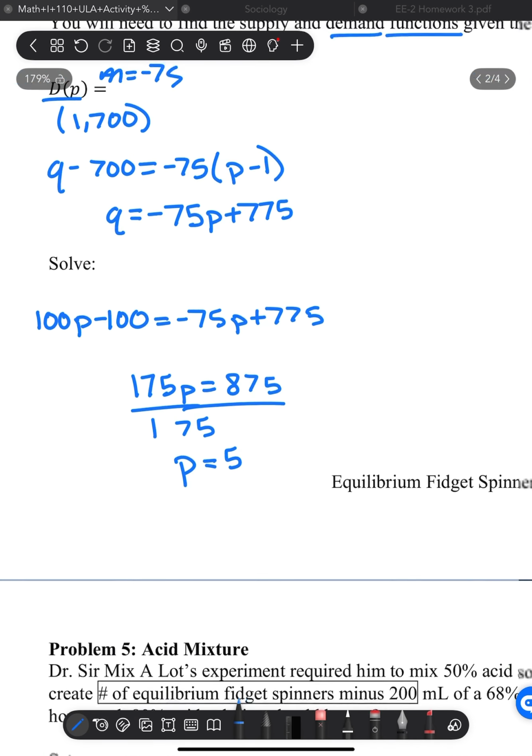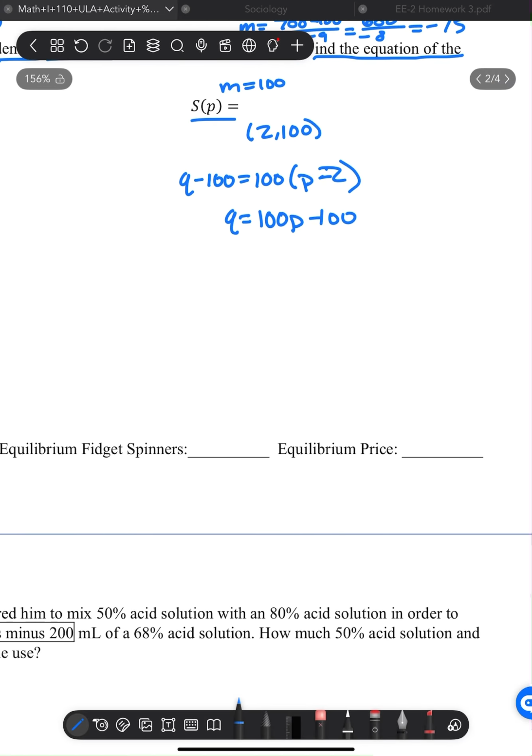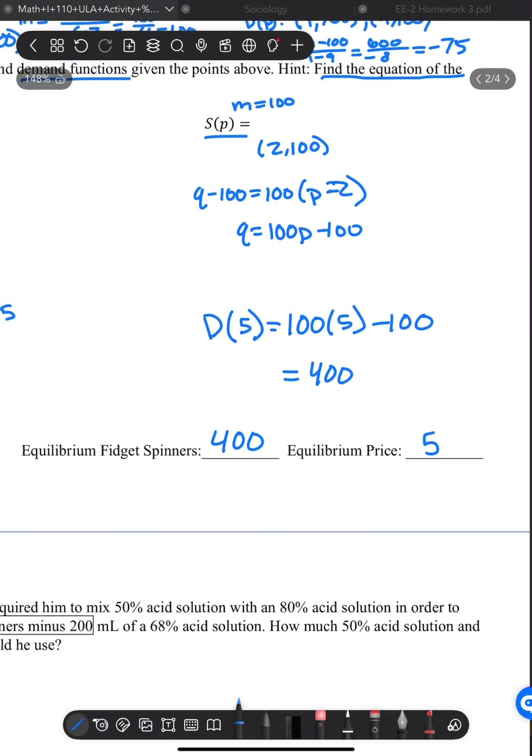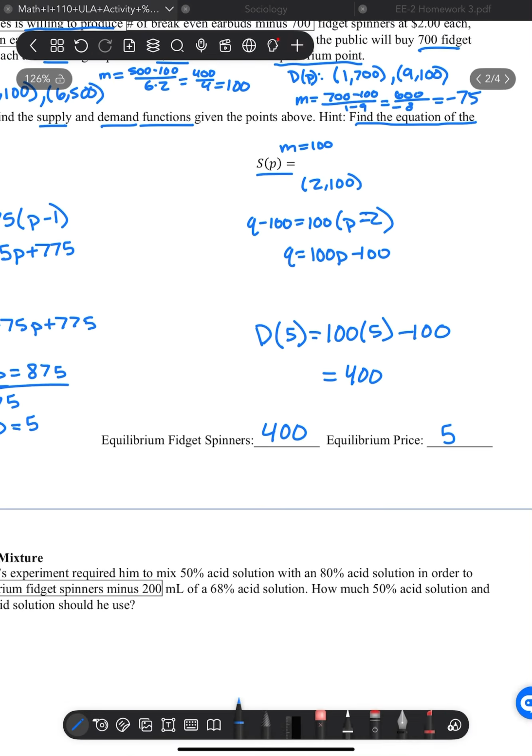We have a p of 5, or we have a price of $5. So we're just going to plug that into our demand equation. So 100 times 5 minus 100, and that should get us to 400. So for $5, we have 400 fidget spinners.